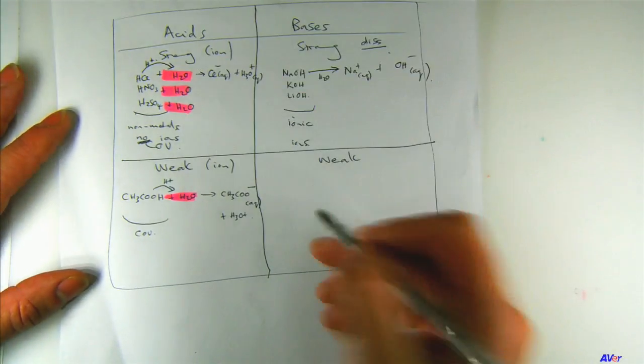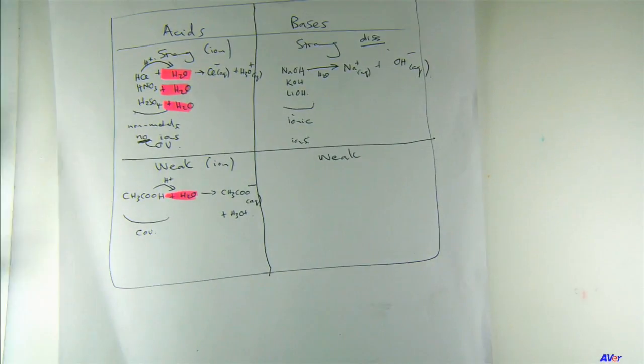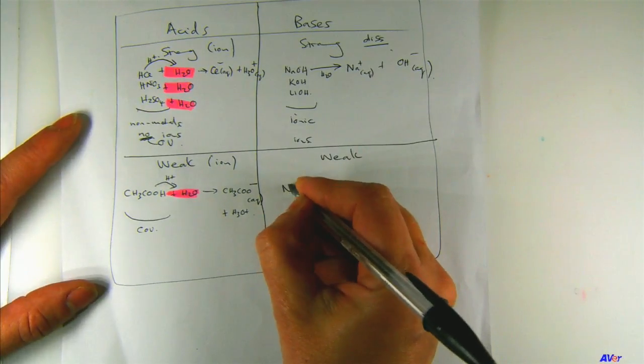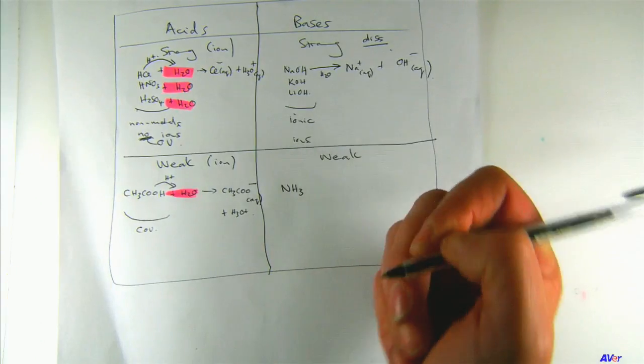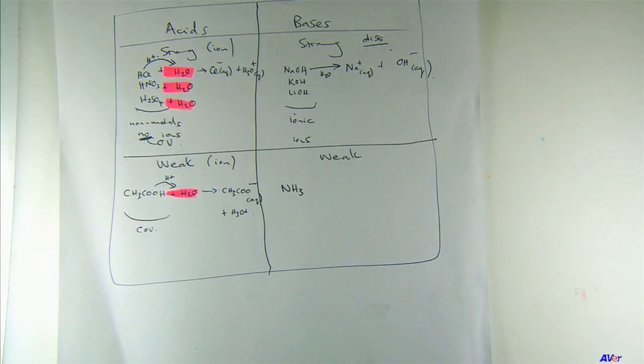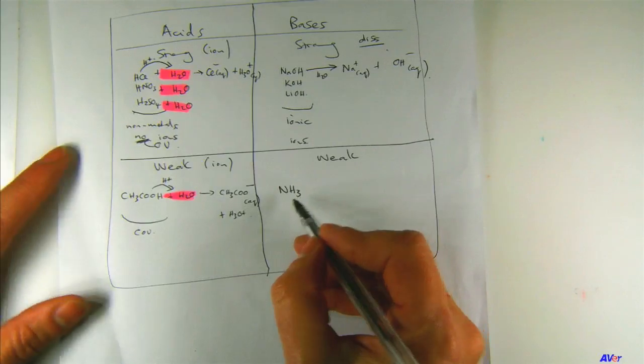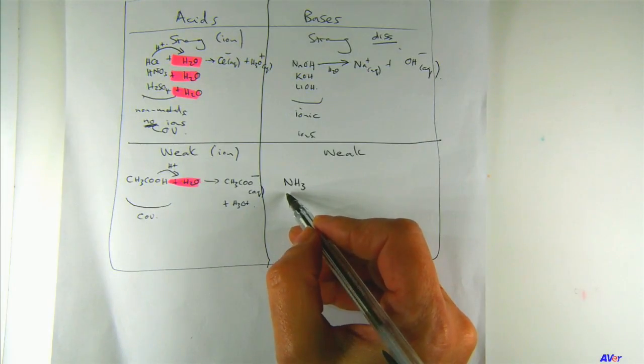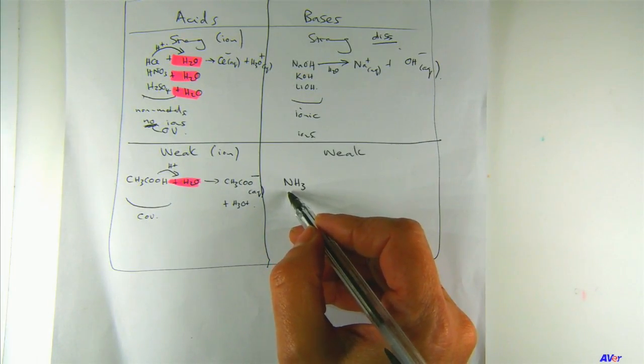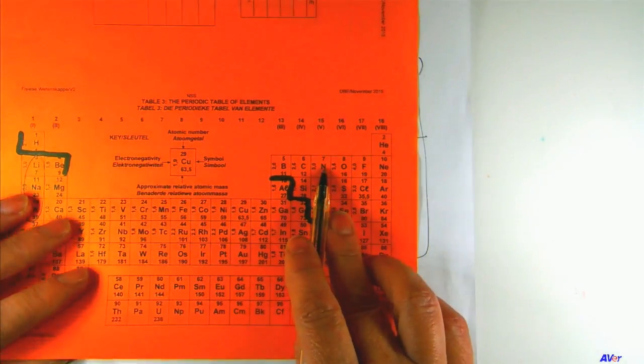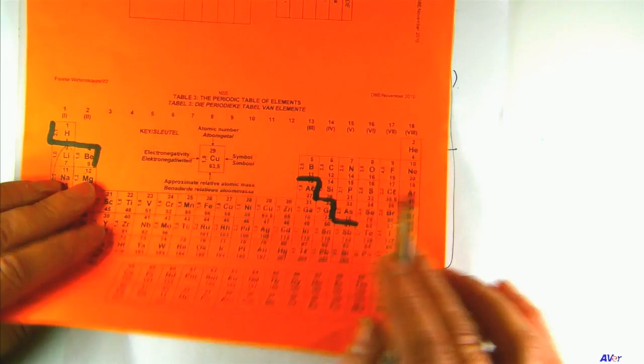Right, now we get to the bases. Now there's a lot of bases. Which is our weird base? Ammonia. Right. Now all the other bases have got metals in them. It's like sodium carbonate, right? Or sodium hydroxide. They've got metals. What do you know about N? Where on the periodic table do I find nitrogen? Nitrogen is a non-metal. And hydrogen? Non-metal.